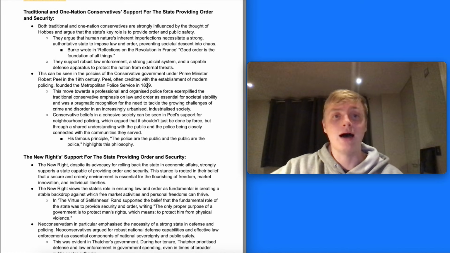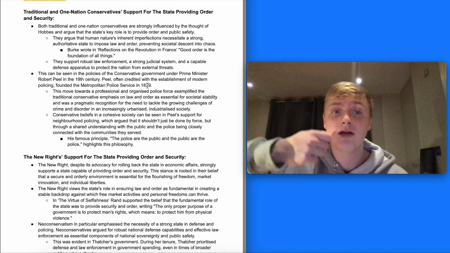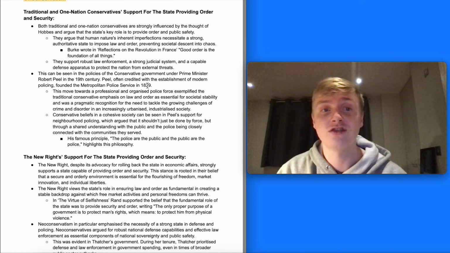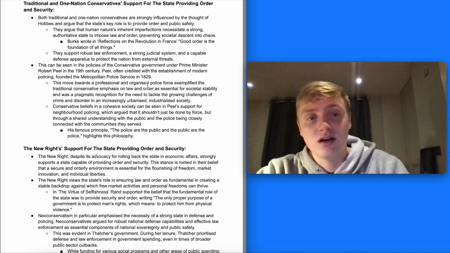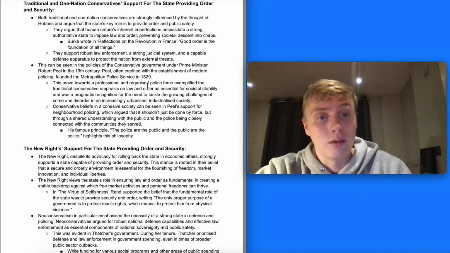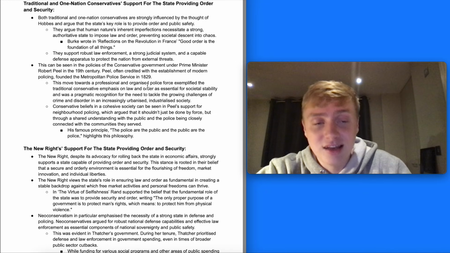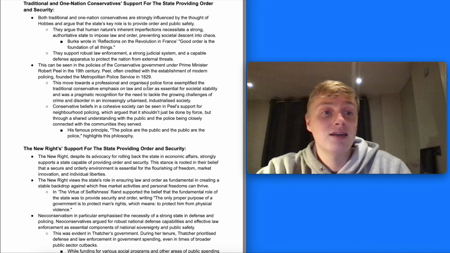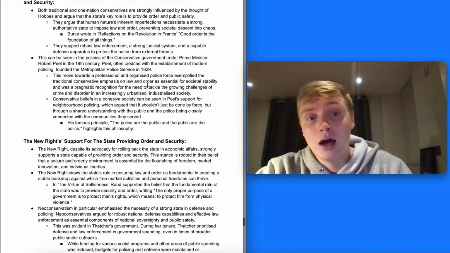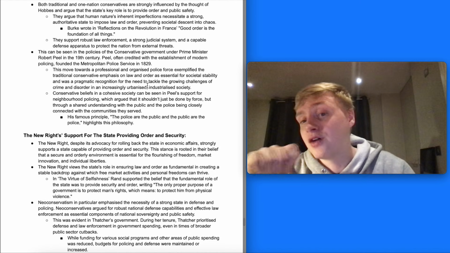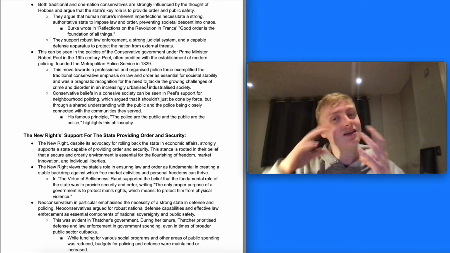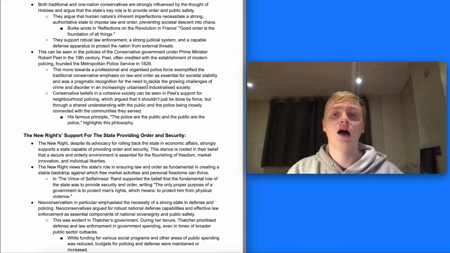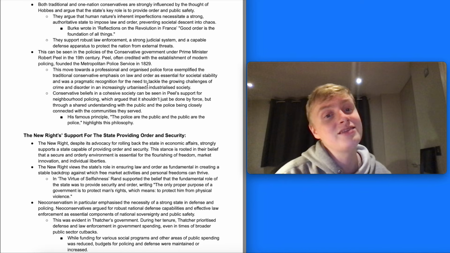An example of that is the emphasis on law enforcement, a strong judicial system, and an important focus on defence, and that can really be seen in traditional conservative reforms under Robert Peel in the 19th century, with the establishment of a metropolitan police service, which is key to maintaining social stability, but also reflects this idea of a cohesive, organic society, with neighbourhood policing.